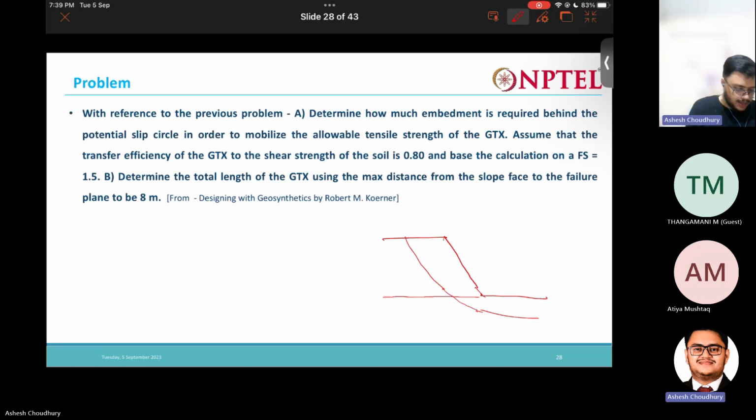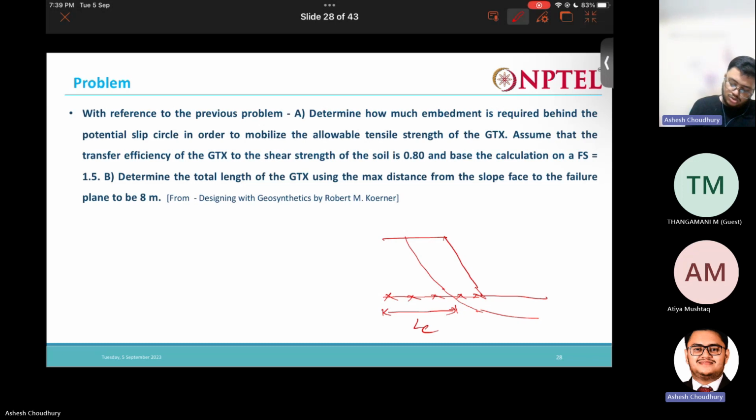Like this you are placing the geotextile. So it is asked how much this embedment length should be, required behind the potential slip surface circle in order to mobilize the allowable tensile strength of the geotextile. Assume that the transfer efficiency of the geotextile is as just pointed out.